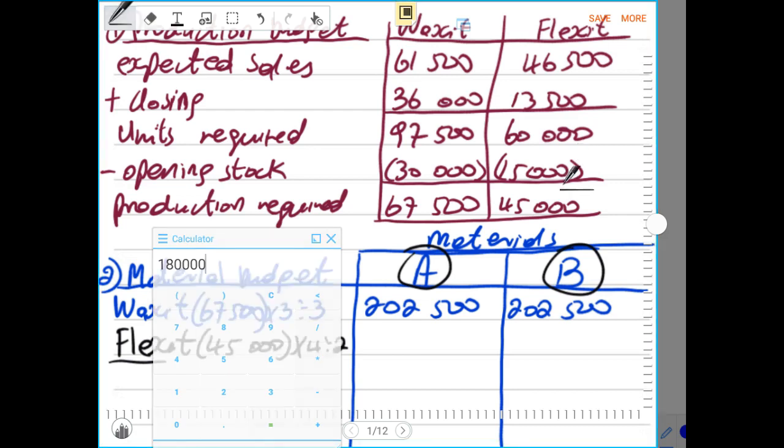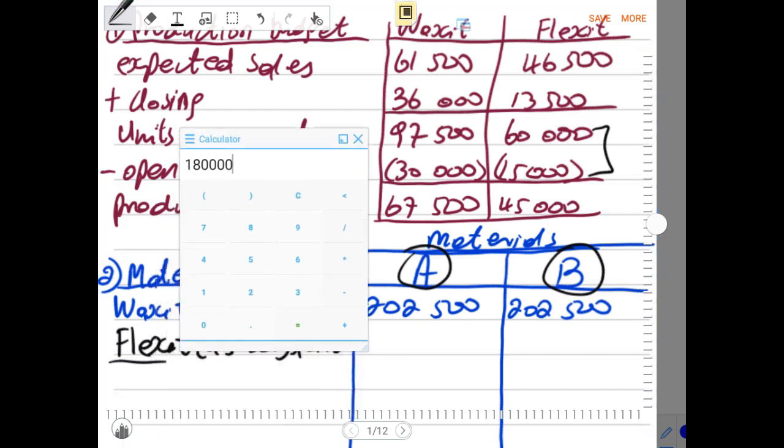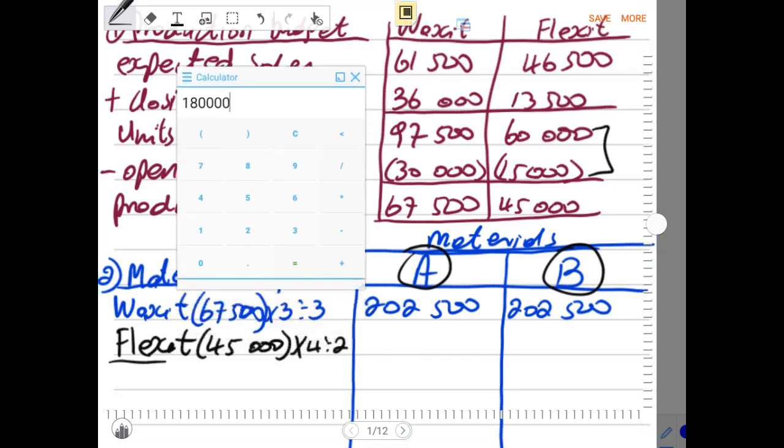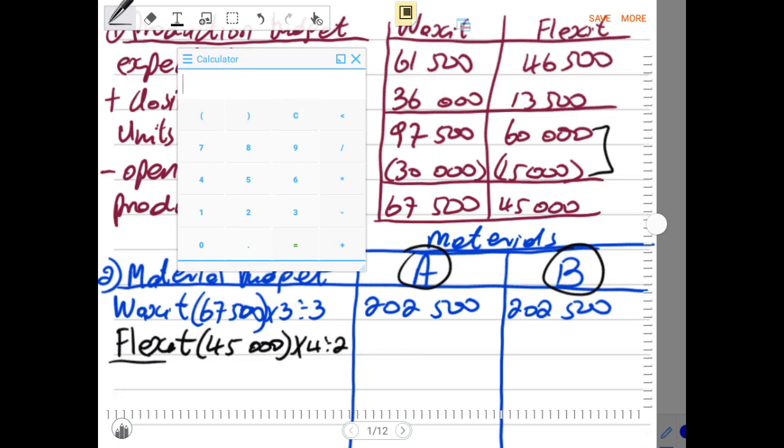Is it 45,000? Okay, that is 45,000. So now we multiply 45,000 units by 4 kgs, and that will give us 180,000 of the material. Then we write that under material A.